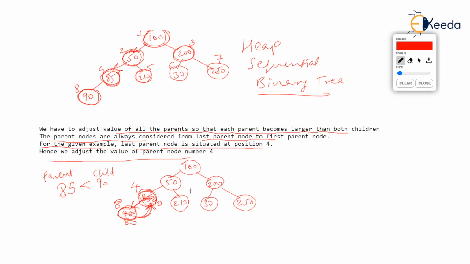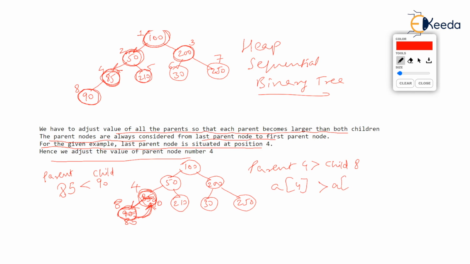So what is the latest heap now? The fourth value of the heap is no more 85, it is 90, and the 8th place of the heap is 85. So we have parent 4 greater than child 8. That means A4 is now greater than A8.